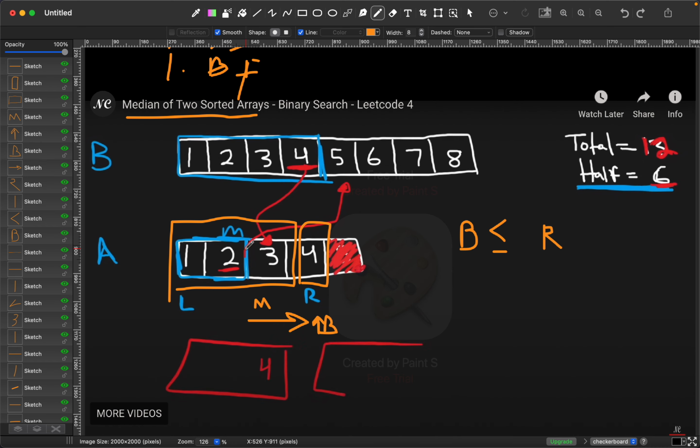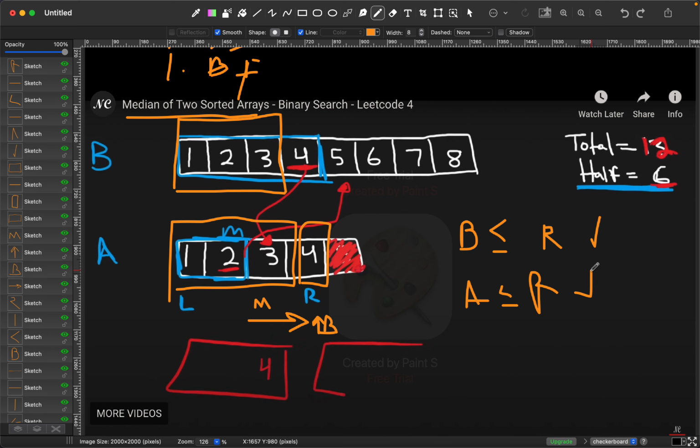So I expand here to 3, and I also need to decrease the other side, even though the criteria do meet. Now I ask the question again: is my B less than your R or not? The answer is yes. And is my A less than your R on the opposite side? The answer is yes also. So very good.